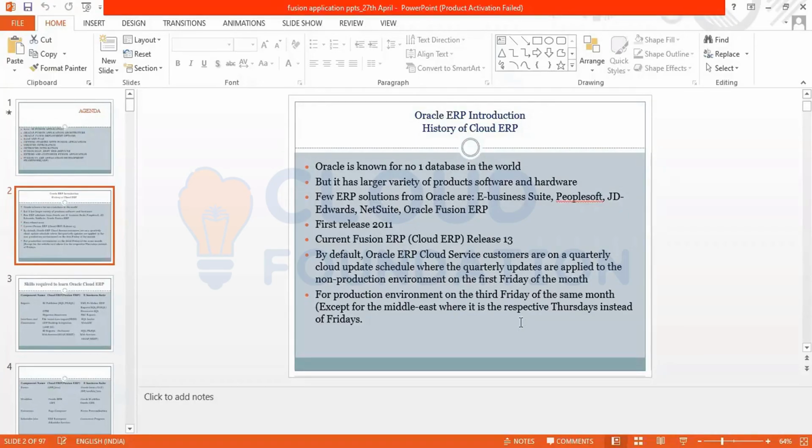What do we call the product families? What are the different architectures? What is the difference between EBS and Fusion? What are the technology changes we find? All these things we are going to see in Fusion application.